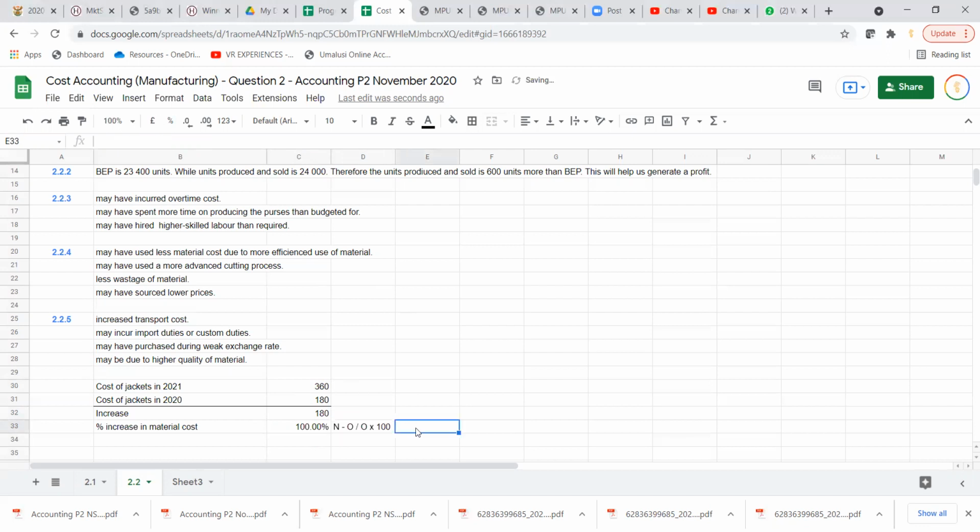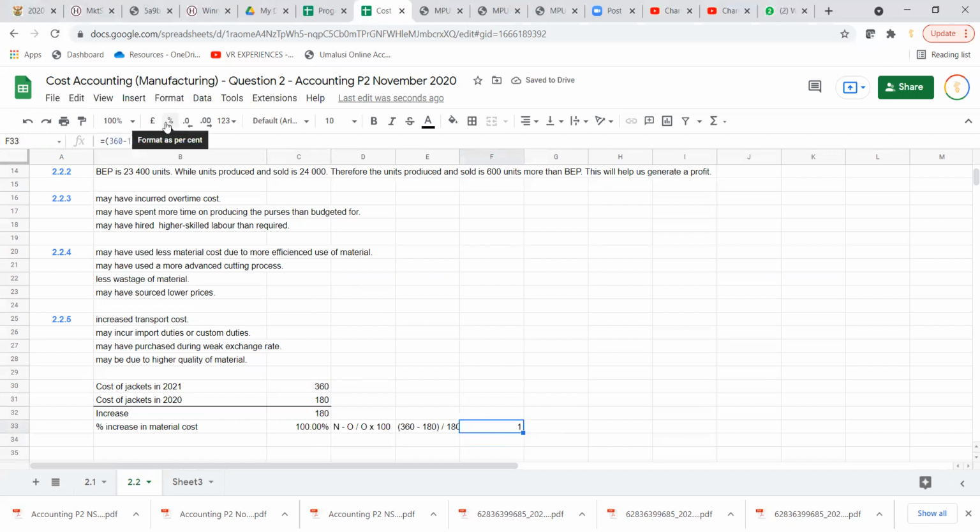So for example, new minus old: the new price is 360 minus the old price, which is 180, divided by the old price of 180. Okay, so you will see if I work that out, 360 minus 180 divided by 180, there you get the same answer.